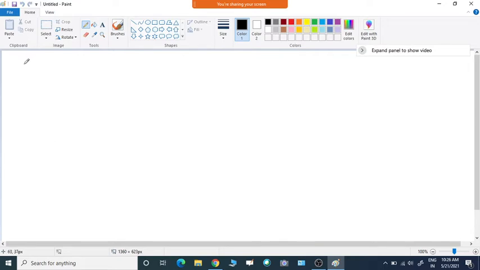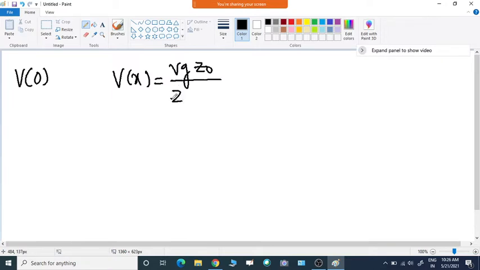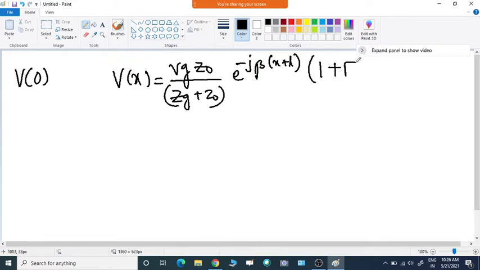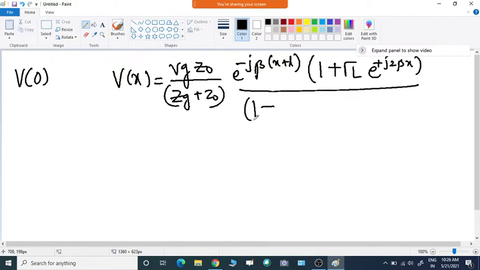So now we need to find out the total voltage, that is V of 0. Okay, so now we know the equation for V of x, which is Vg Z0 divided by Zg plus Z0 into e power minus j beta into x plus L, into 1 plus gamma L into e power plus j2 beta x, divided by the whole thing 1 minus gamma g gamma L into e power minus j2 beta L. Now this is the equation for V of x.